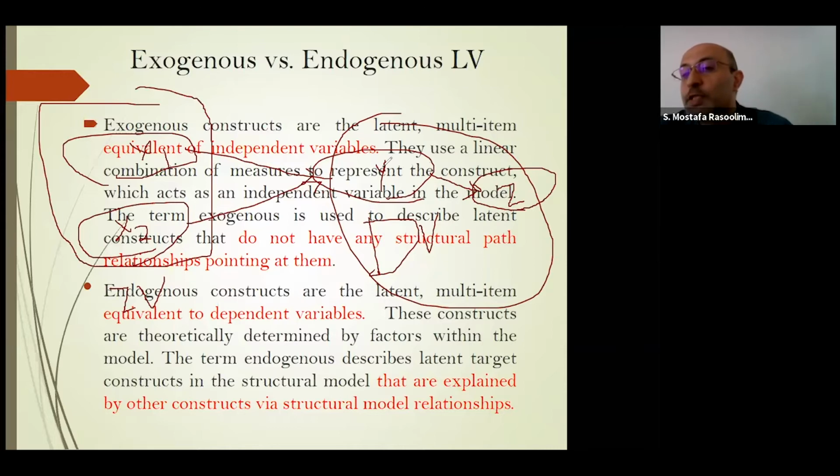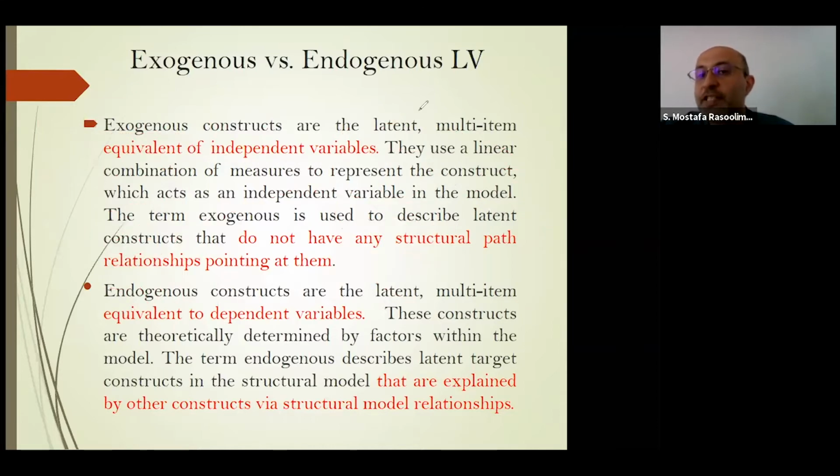So we don't use IV and DV anymore in SEM. We use exogenous and endogenous latent variable. So this is one difference in definition and concept that we use in SEM.